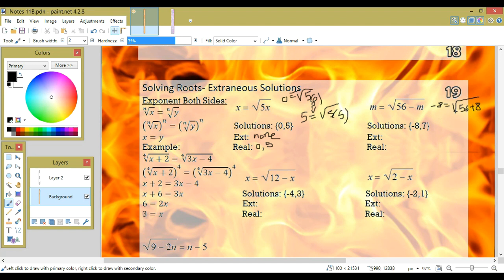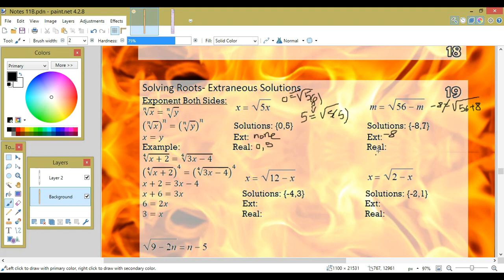Well, we can stop right here because we can't get a negative from a radical. So that's not the same. Those are not equal. But it is a solution. But it's not real, so it is an extraneous solution.